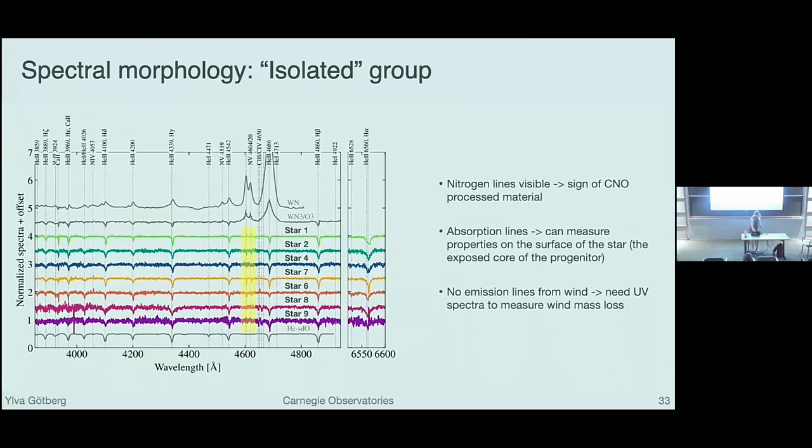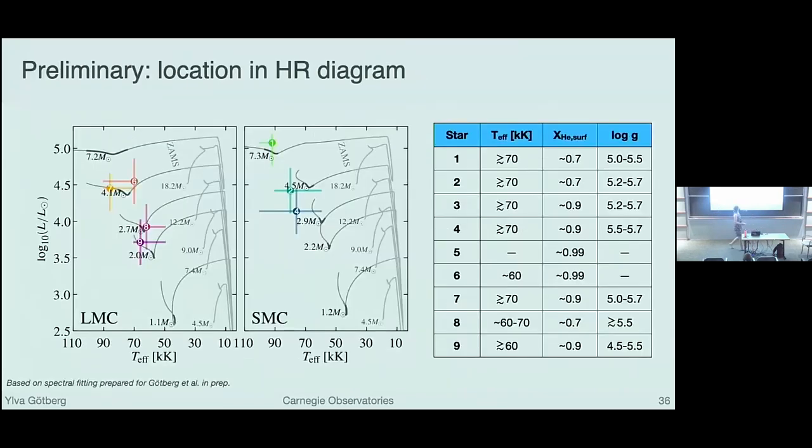So in the end, after doing some analysis of this survey, which is coming out soon, we found that these stars are really hot, typically above 70,000 Kelvin. They are helium-rich on the surface, with a mass fraction of 70–90% helium.